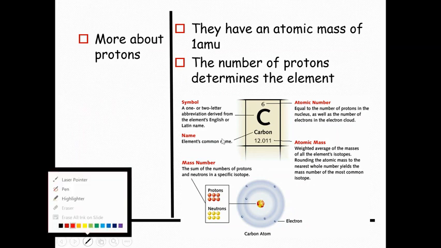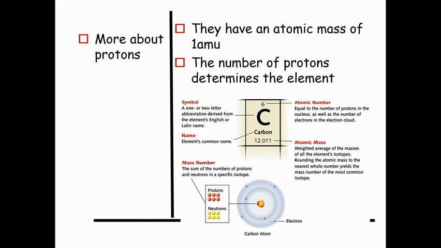The atomic number gives us the number of protons. Okay. Once you change the number of protons, you've changed what the element is. And we'll go back to some more of these other things later.